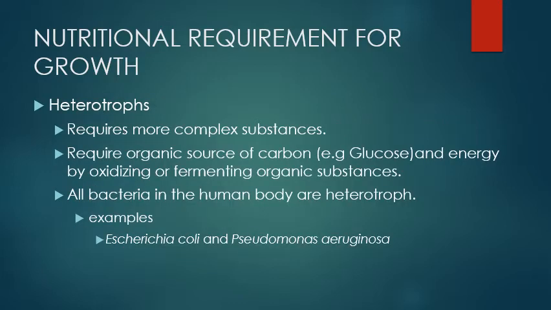A bacteria that requires more substances as a source of carbon is known as a heterotroph. If the carbon source is coming from an organic source, for example glucose, and energy is coming from oxidizing or fermenting organic substances, this is known as heterotroph.